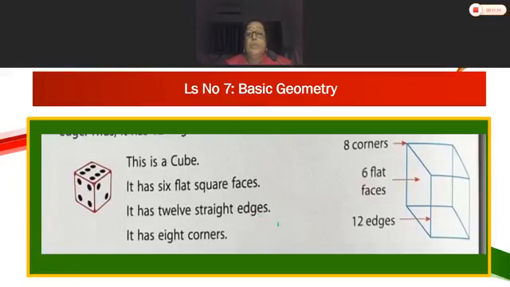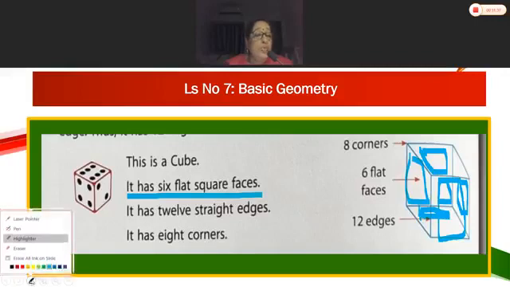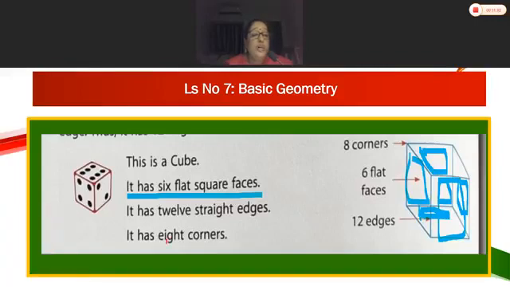Now, see the faces. 1, 2, 3, 4, 5 and 6. Okay. There are 6 flat square faces. Okay. We have seen with the blue mark. Now we will see the edges.